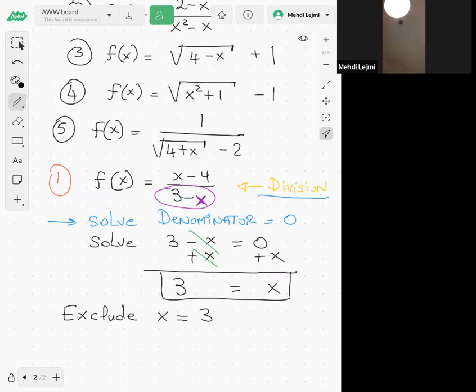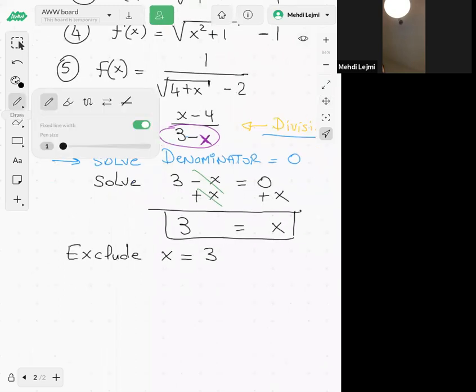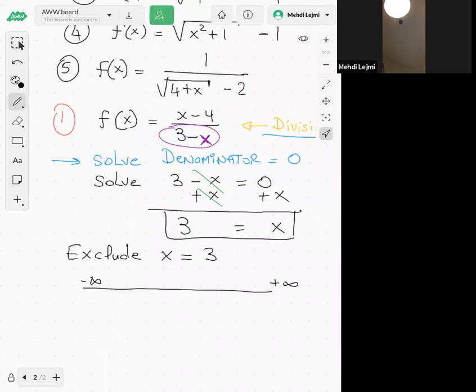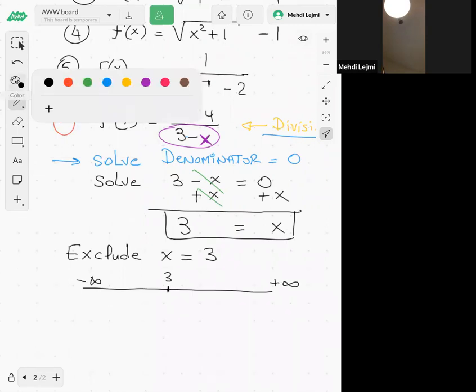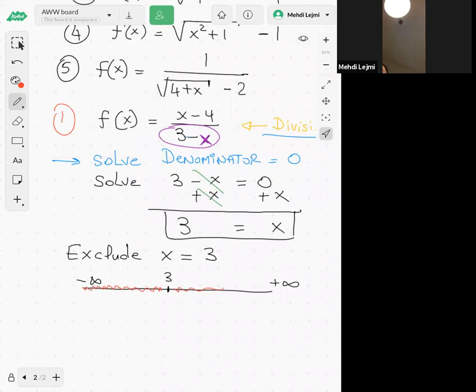Okay, so if you have your number line going from negative infinity to positive infinity, you have the positive 3 somewhere here. So your domain would be any real number except the positive 3. So we're gonna use, as usual, a parenthesis, right? To exclude the positive 3.